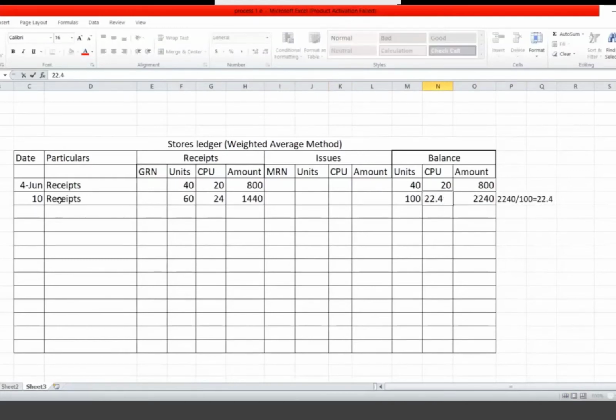Now the next transaction on 15th, it's issues. So write down in the issues in units column. 50 units we have issued. What is the price? 22.4. Then the total amount will be 1120.